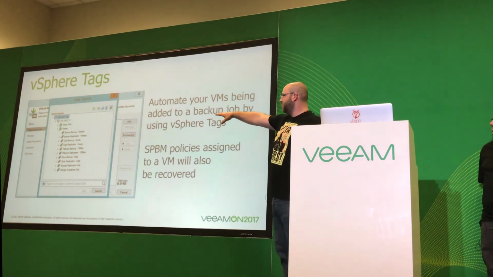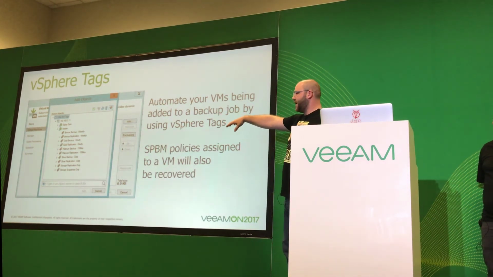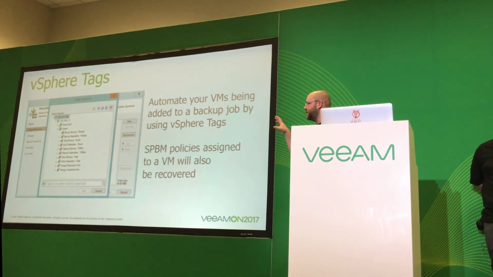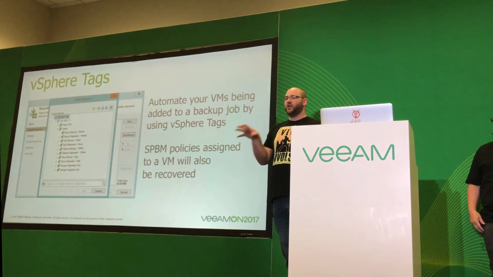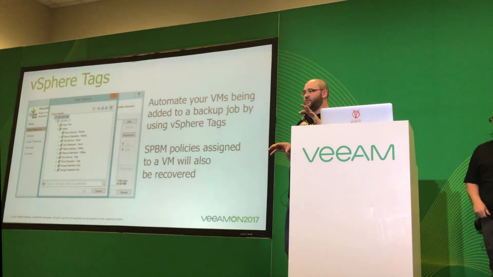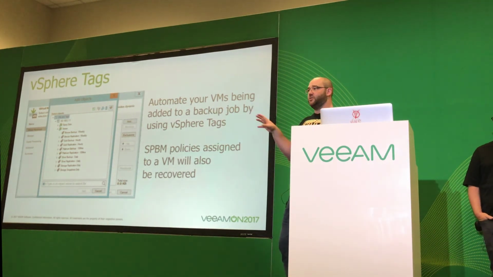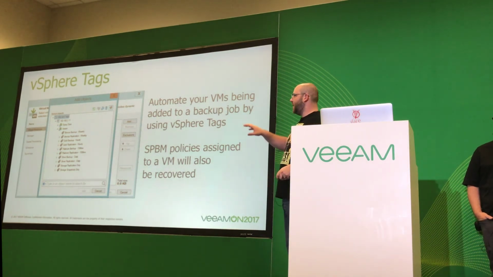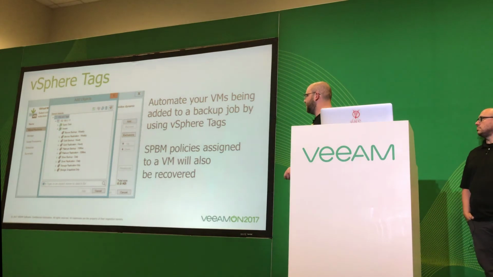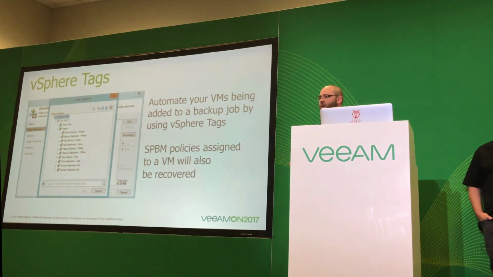So I've got the bronze backup, the bronze replication, etc. Being able to really pinpoint what virtual machines need to sit in which bucket, and then what job we can use. We can leverage vSphere tags for a VM backup job as well as a replication job. And you can add them, so it automatically defines what that backup job looks like.